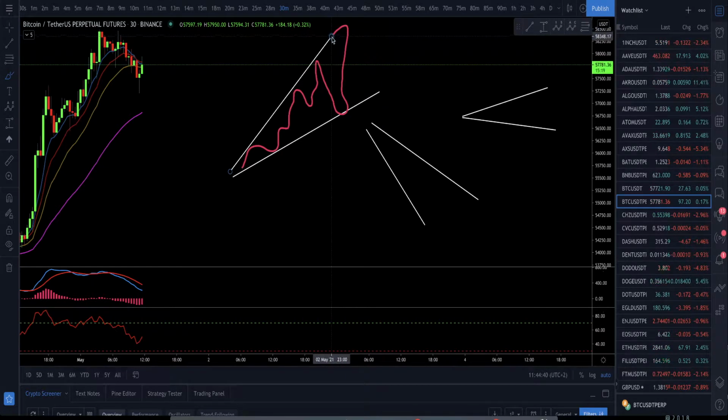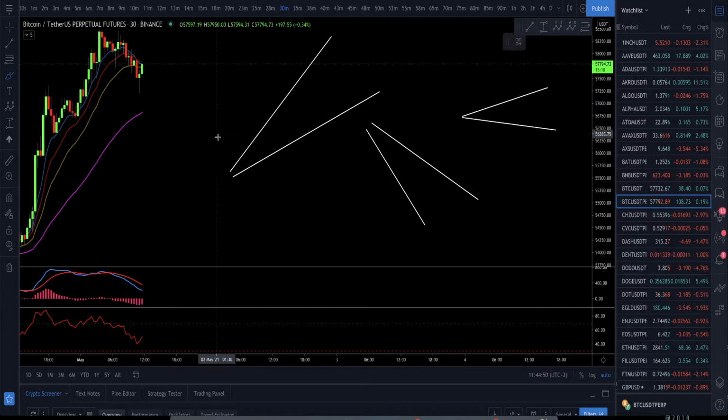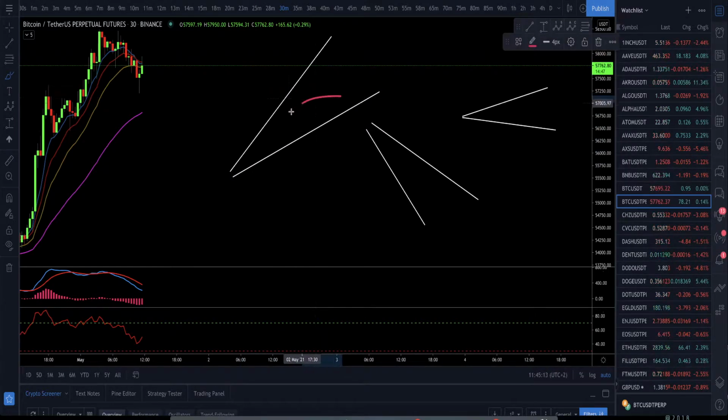But it can also go like A, B, C, and then like that, and then it makes a head and shoulders, and then it will fall.